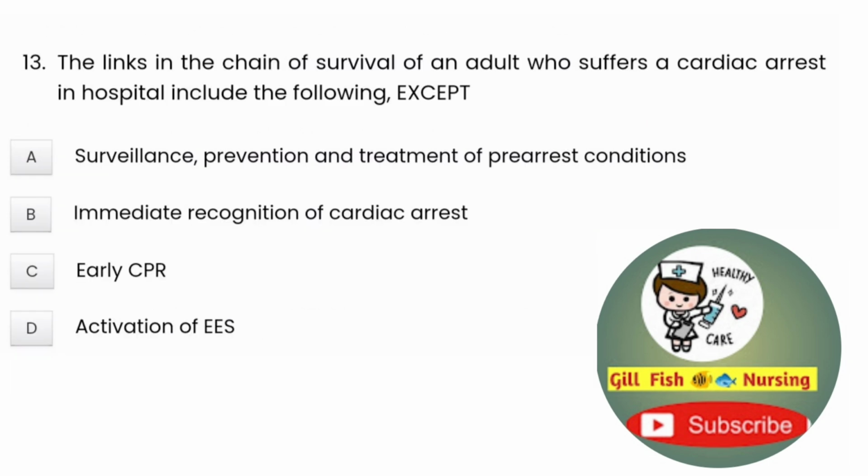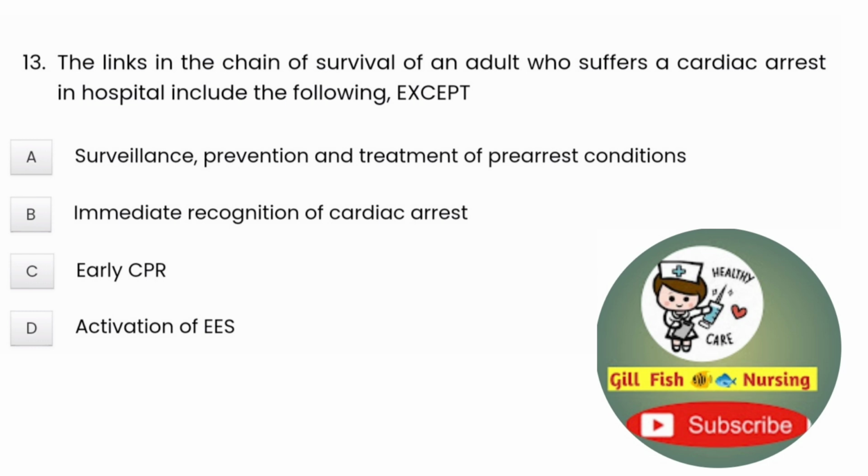Next question. The links in the chain of survival of an adult who suffers a cardiac arrest in hospital include the following, except: option A, surveillance, prevention and treatment of pre-arrest condition; option B, immediate recognition of cardiac arrest; option C, early CPR; option D, activation of EMS.